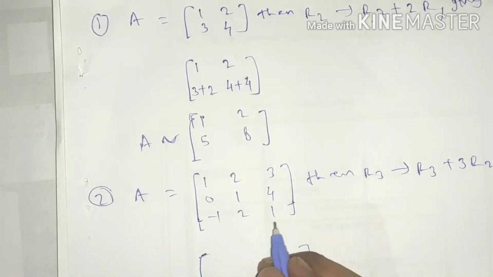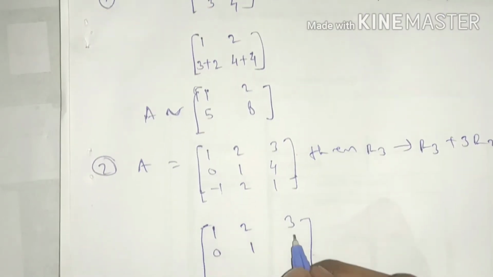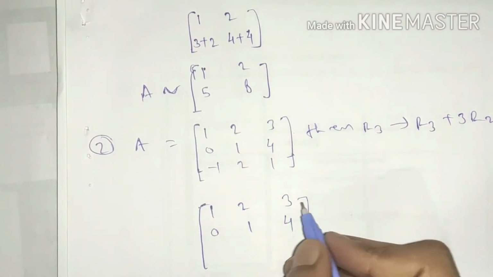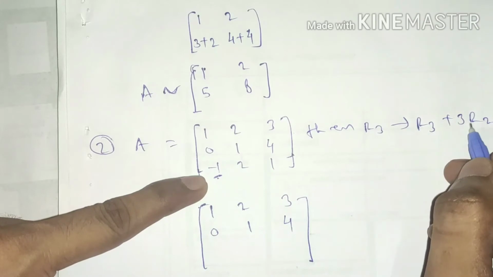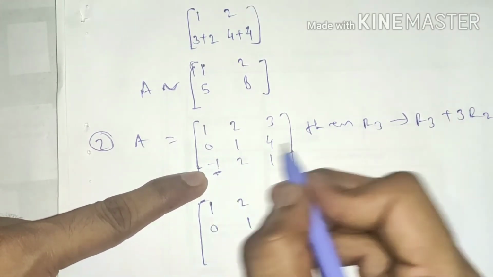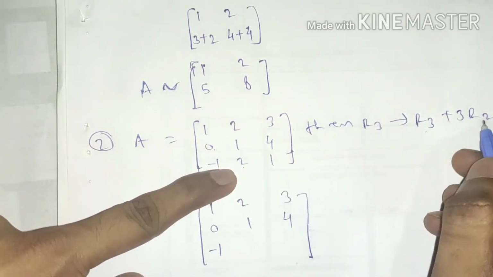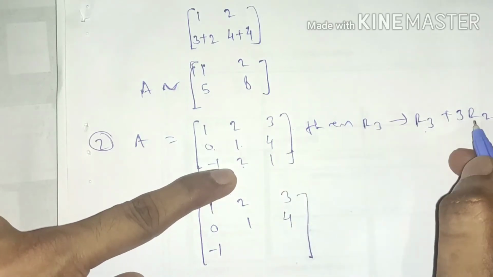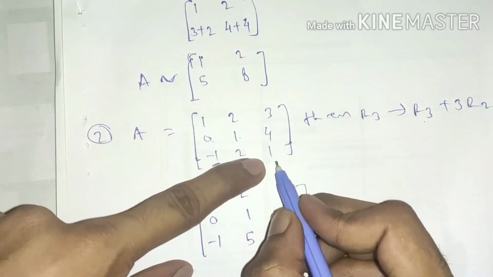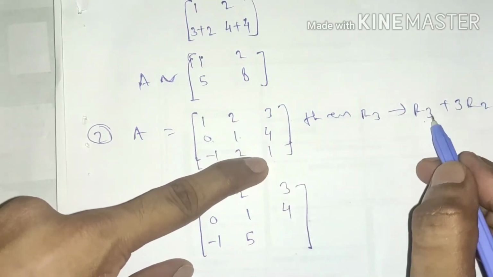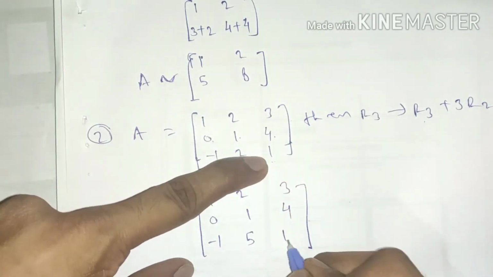So the first and second rows are the same, 1 2 3 0 1 4, and the third row will be minus 1 plus 3 times 0, which is minus 1, 2 plus 3 times 1, which is 2 plus 3, it is 5, and the third entry is 1 plus 3 times 4, it is 12, so 1 plus 12 is 13.